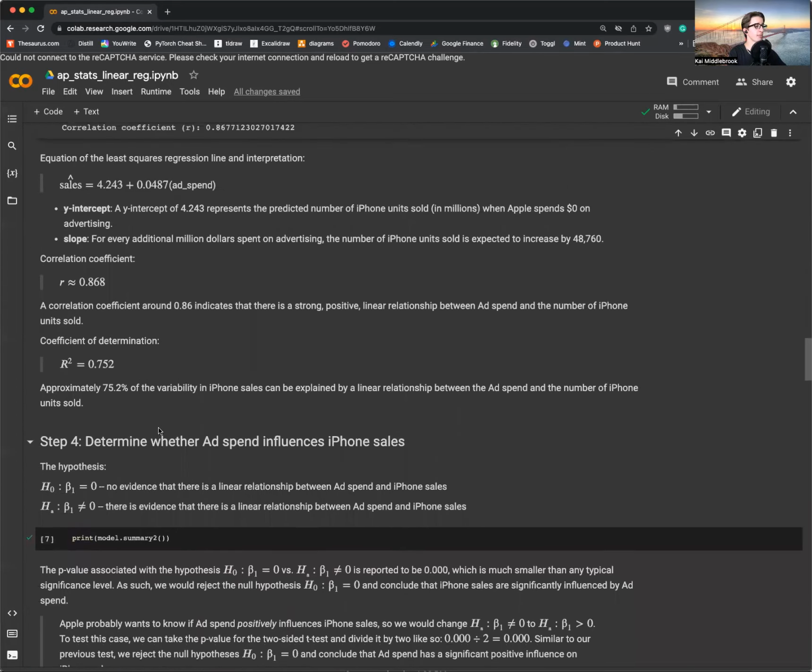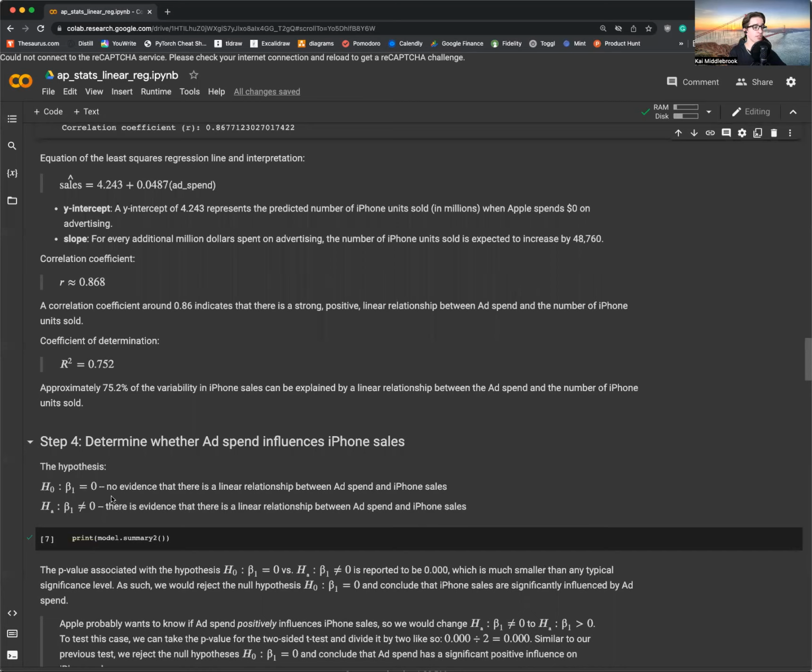So first, let's establish our hypotheses. The null hypothesis in this case would be beta 1, or our slope, is equal to 0. So there's no evidence that there's a linear relationship between ad spend and iPhone sales, i.e. ad spend does not influence iPhone sales.